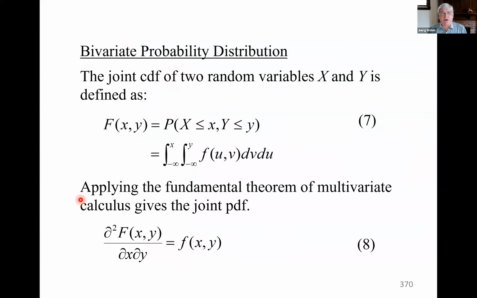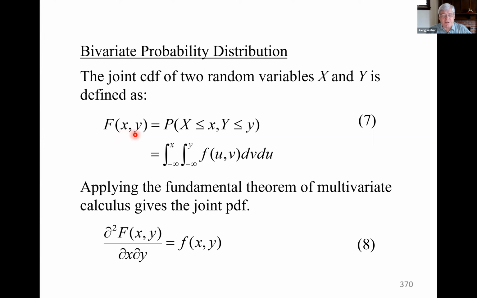Now let's look at the bivariate probability distribution. So here we just extend it to two random variables, and the cumulative distribution function is the probability that the random variable x is less than the critical value small x, and the random variable y is less than the critical value small y. So again, here you have the small x and the small y.